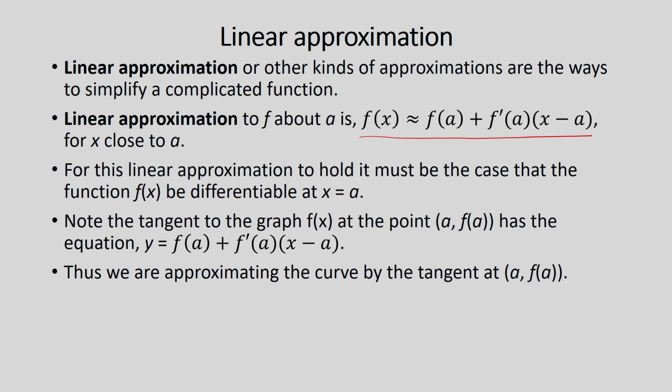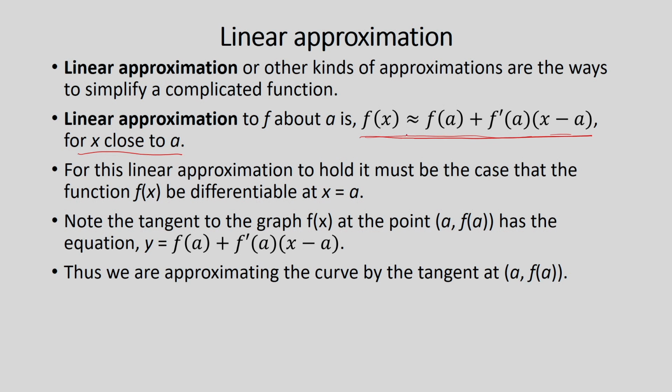This approximation holds if x, the independent variable, is very close to this value small a. So, if you are in the close proximity of x equal to a, then you can predict the value of the function, that is f(x), through this formula.